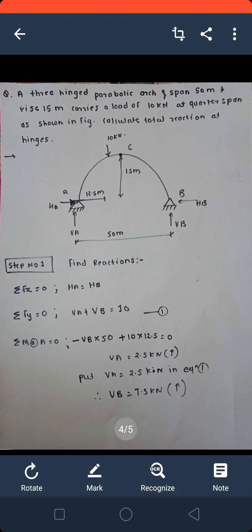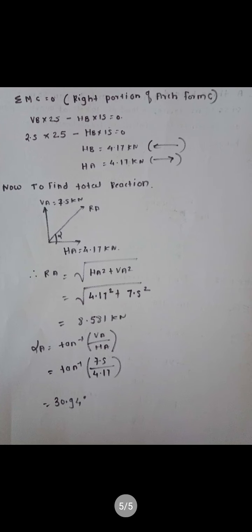Now apply moment at point C equal to 0. We have to take the right portion of the arch from C. So VB into 25 minus HB into 15 is equal to 0. Here put the value of VB equal to 2.5 kilonewton, which is going in the vertical direction. We will get the value of HB.